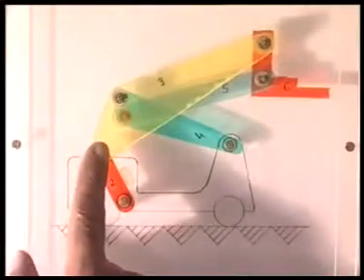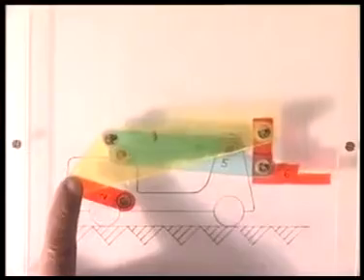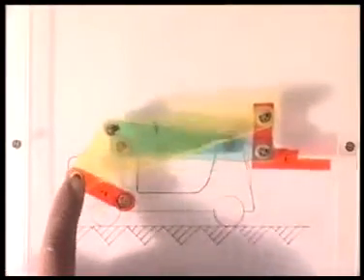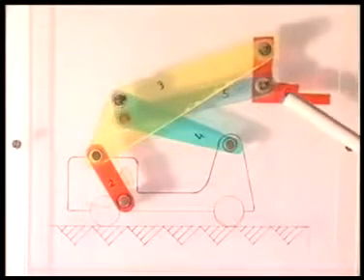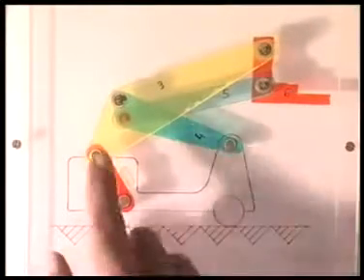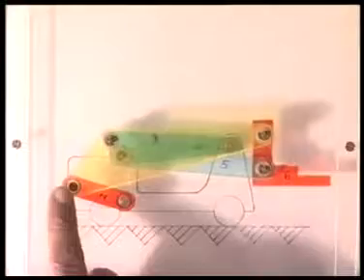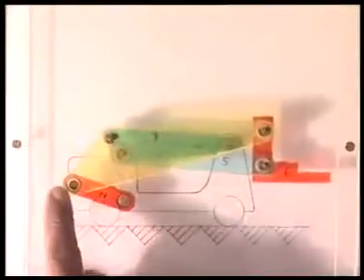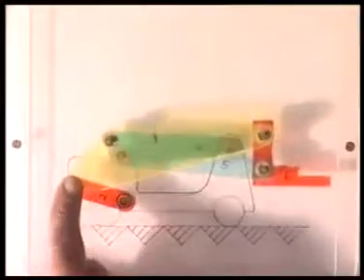And as this input link, the crank, is moved by a motor, we see that the fork, that is link number 6, moves up and down almost vertically. But this vertical movement is without any vertical guide.